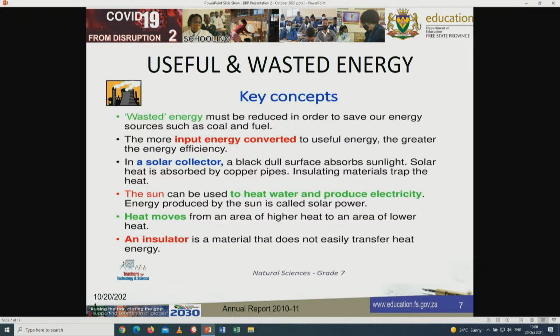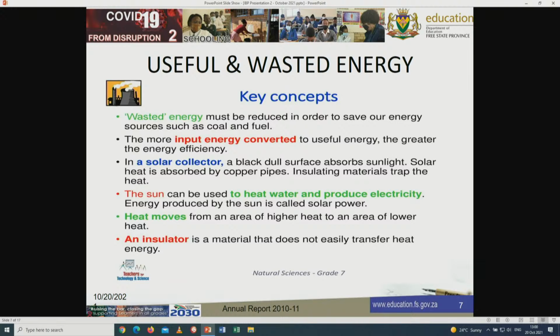In a solar collector, that picture of solar panels on top of the house, there is a black dull surface that absorbs sunlight. I said it. They absorb energy from the sun, direct energy from the sun.